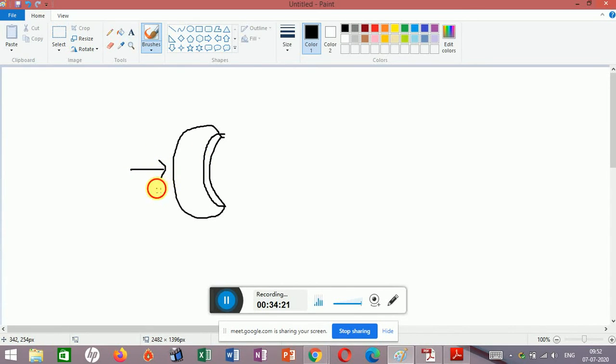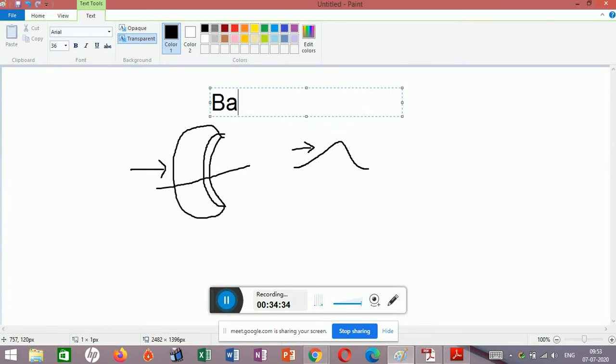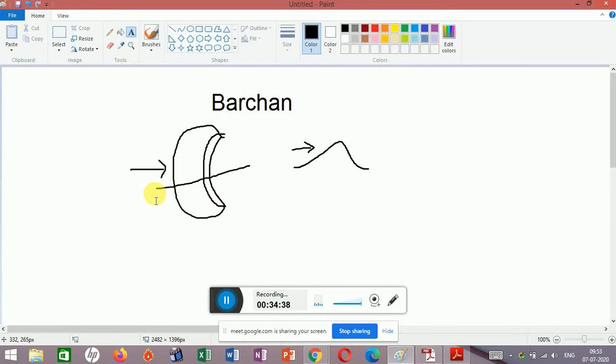If you cut along this line, it looks like this. And this is the direction of the wind, and this is called Barsan.